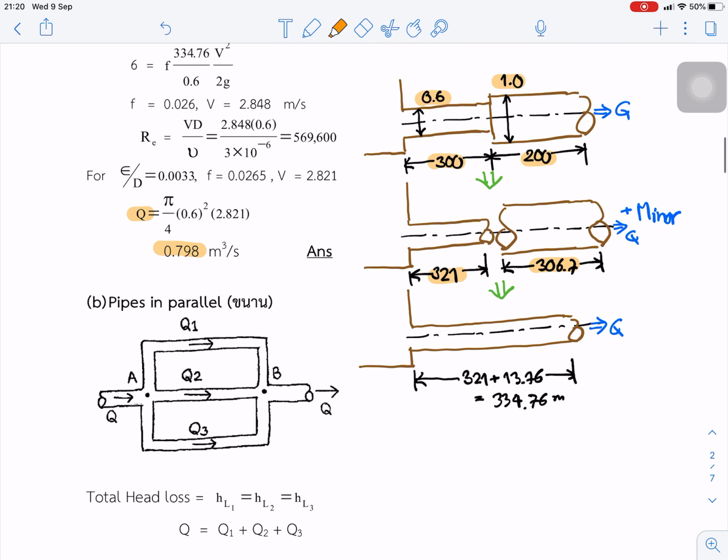Next, we convert the 306.7 to 13.76, and the loss is computed from the length of 334, for the pipe that is 0.6 diameter. The length using the equivalent length method is about 334.